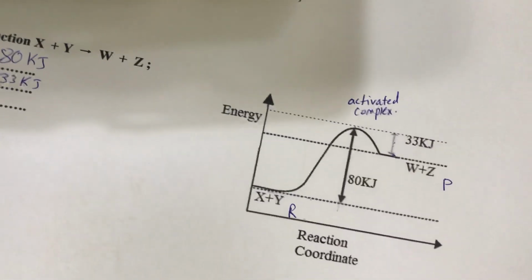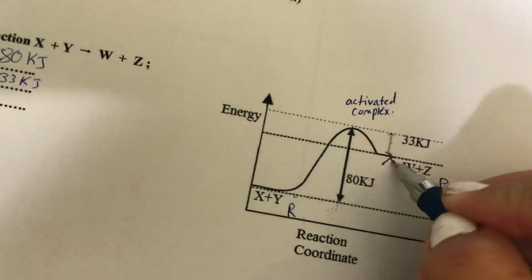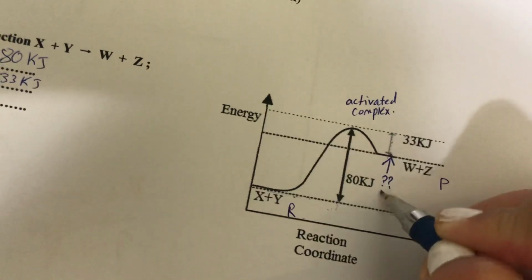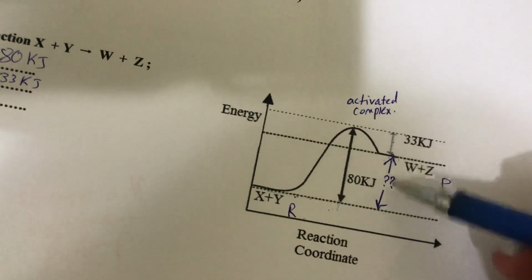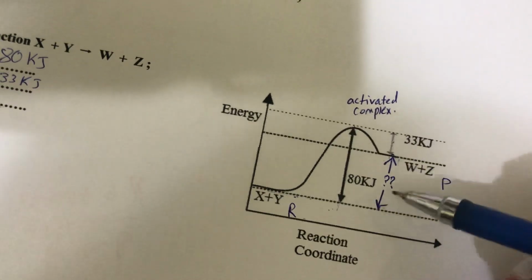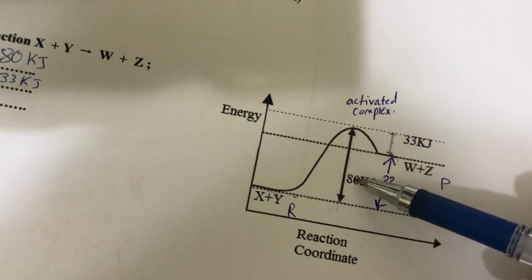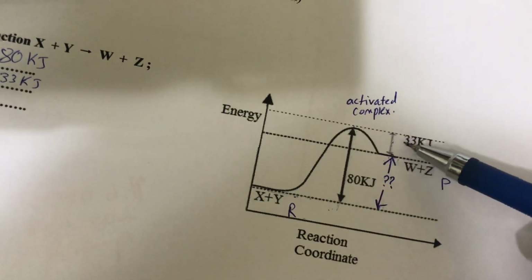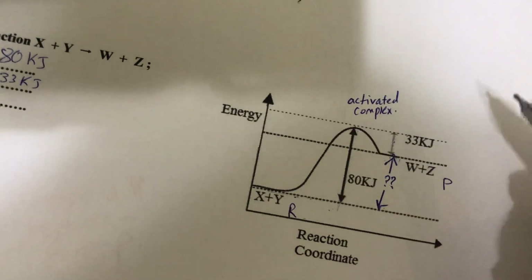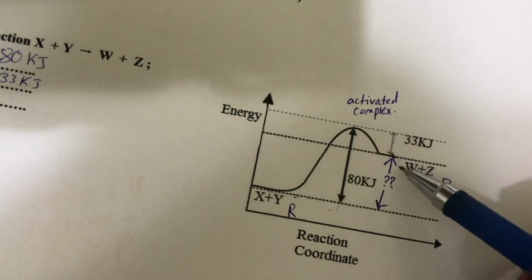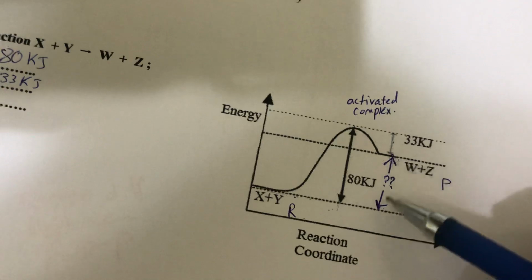Now what about delta H or delta E? Difference in energy between reactants and products here. What is the energy difference between reactants and products? So if you subtract 80 minus 33, you can get delta E. Again, delta H or delta E is the difference of energy between reactants and product.